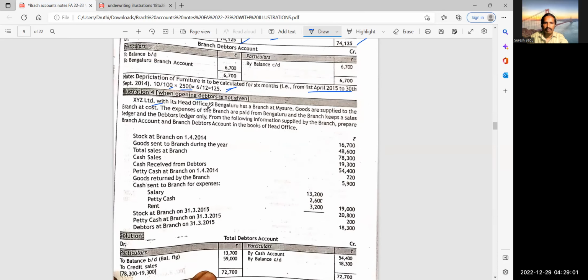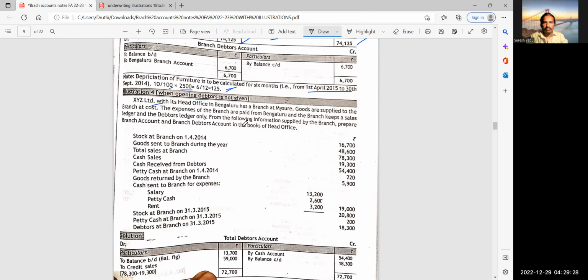XYZ Limited, with its head office in Bengaluru, has a branch at Mysore. Goods are supplied to the branch at cost.